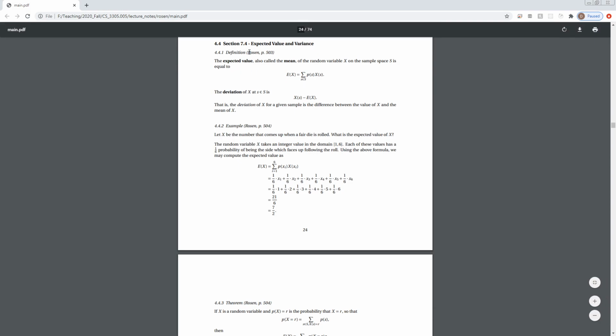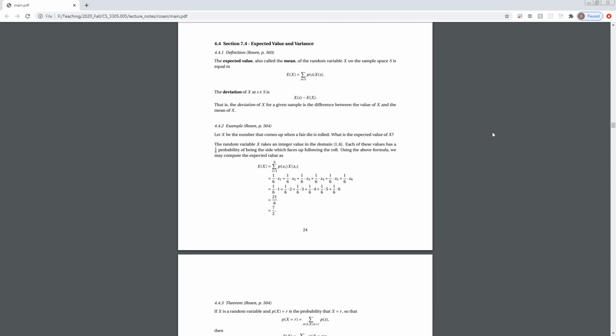Okay, so expected value and variance. Going back to the dartboard, the expected value would be a bullseye, essentially, right? If you have some scattering of darts, and you take their average, which is really all that an expected value or a mean is, then the likelihood is that they will average a bullseye.